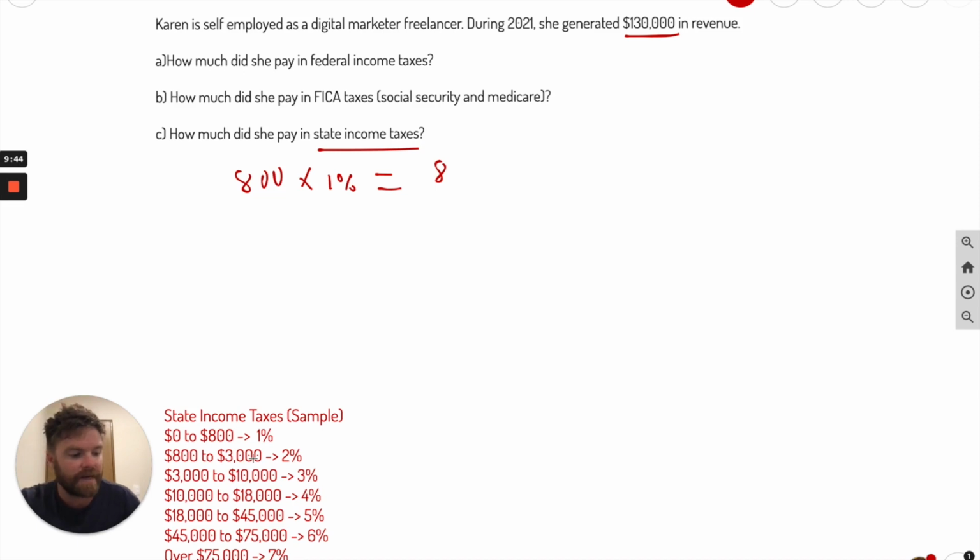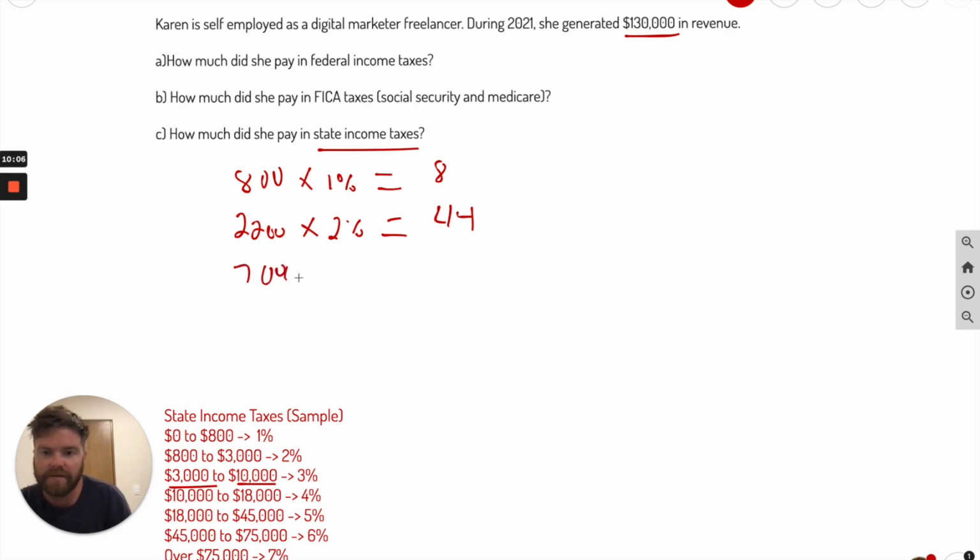3,000 minus 800, the difference, which is 2,200. We're going to multiply that times 2%. There we go, $44. And keep going. So 10,000 minus the 3,000. So that's easy math, right? $7,000.